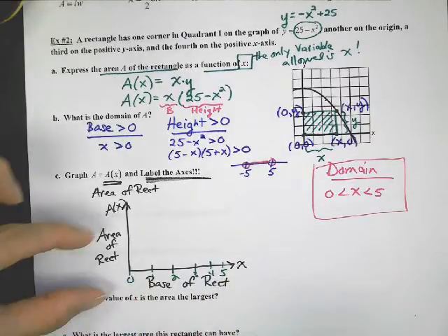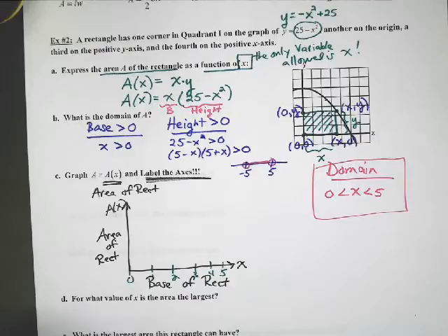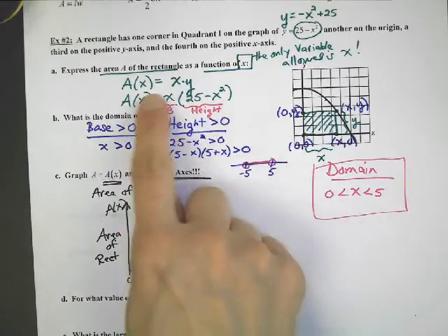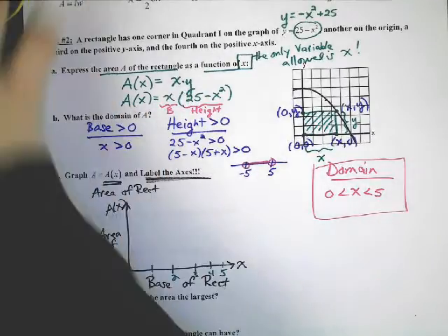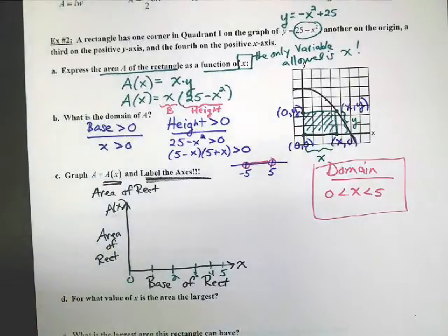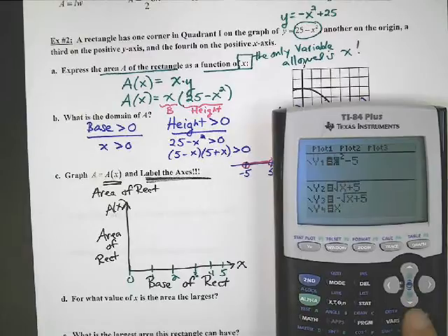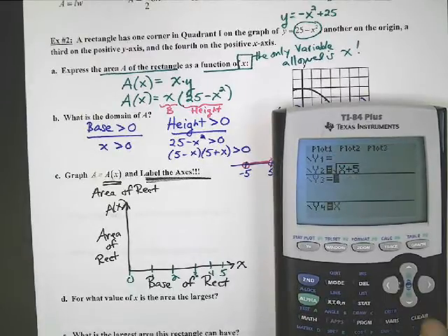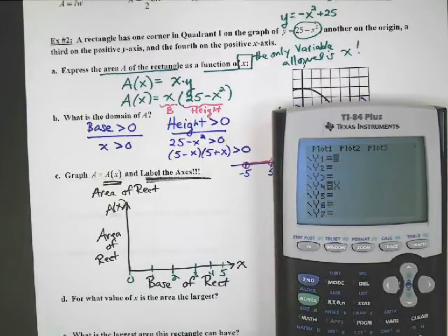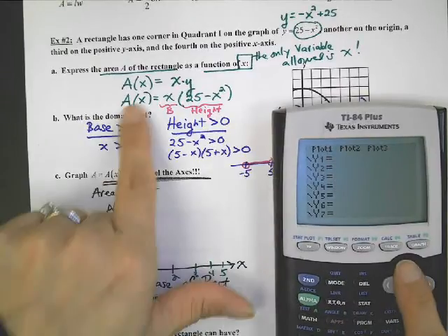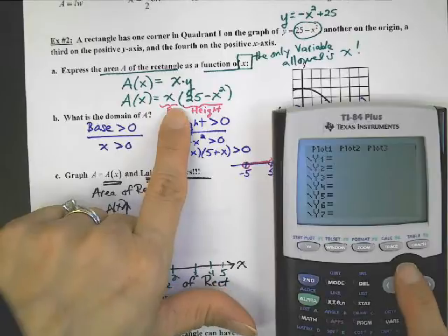Your x-axis is there. Now it's time to use our technology. We're going to graph this equation right here with our calculator. So let's go ahead and get those out for this section of the chapter. It's been a while. We're going to go to y equals and clear out everything that might be in there from last chapter. And we're going to type in this area equation.